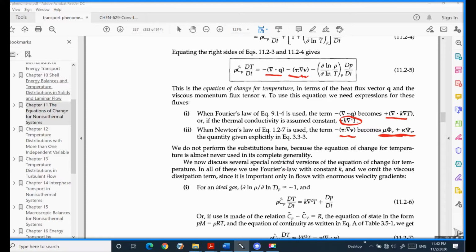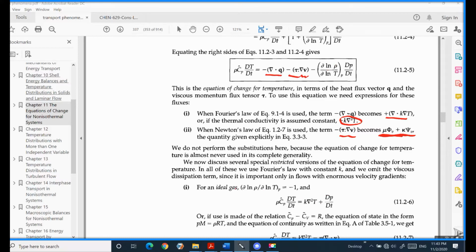Okay, but we can make some assumptions and simplify this equation. For example, for the ideal gas, this term is going to be minus 1, and we obtain that one.